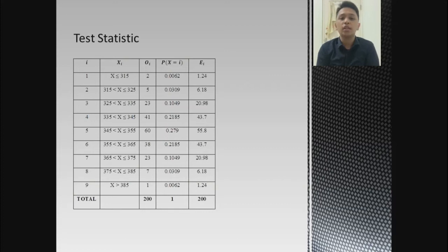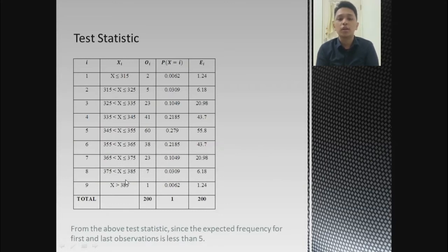We carry out the data given, categorized from 1 to 9, from x less than or equal to 315 to x greater than 385, with frequency to determine the chi-square. As we can see from the test statistic above, since the expected frequency for the first and last observation is less than 5, two observations are merged. And we have conducted the corrected test statistic in the next step.